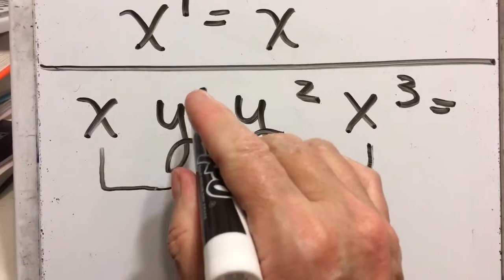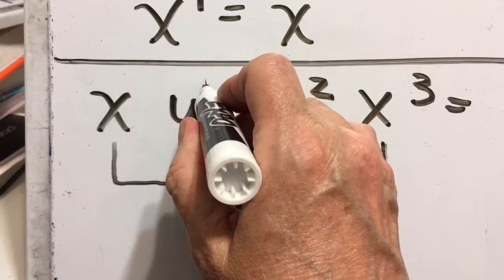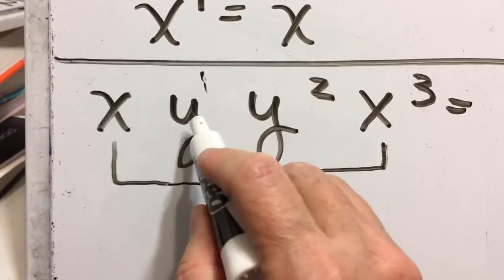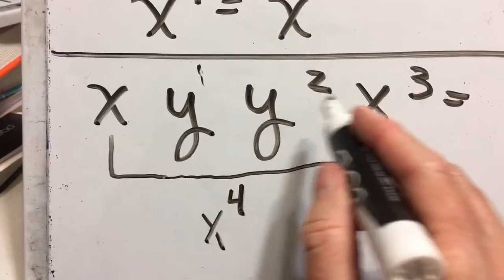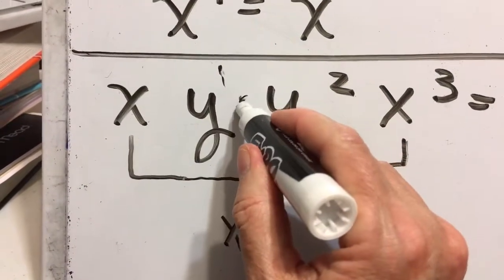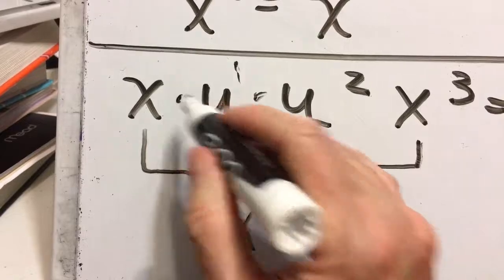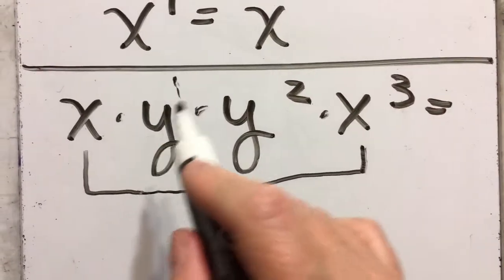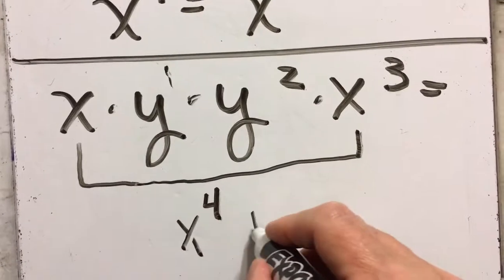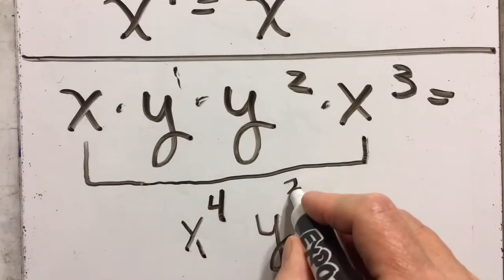And nothing is specified here, so that will be a 1. So we have y to the 1 times y squared. And remember, when we see variables right together, that's an understood multiplication. We don't have to have the dot there. So y to the 3, and that's my answer.